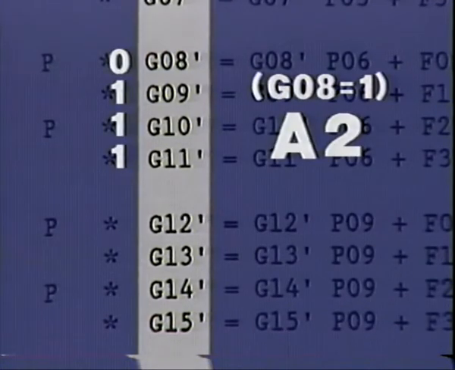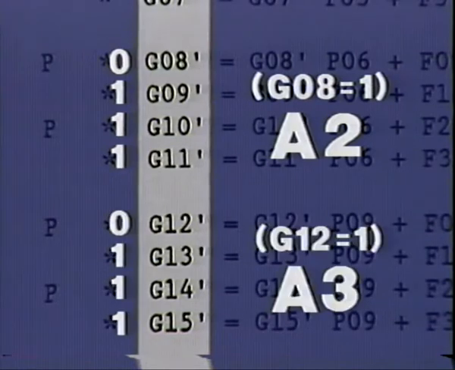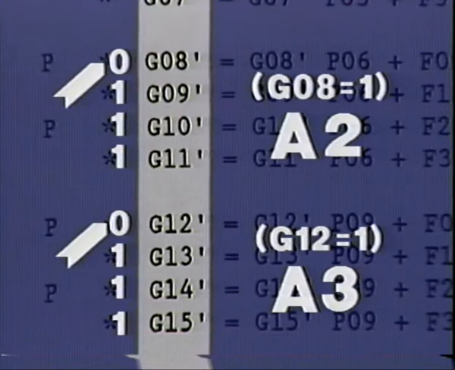G8 will be a 1 for A2, and G12 will be a 1 for A3. G8 and G12 are the first bits from each register. G8 naught and G12 naught, as shown, happen to be on the true output pin of the chip. But remember, the comment only applies to the true Boolean term.